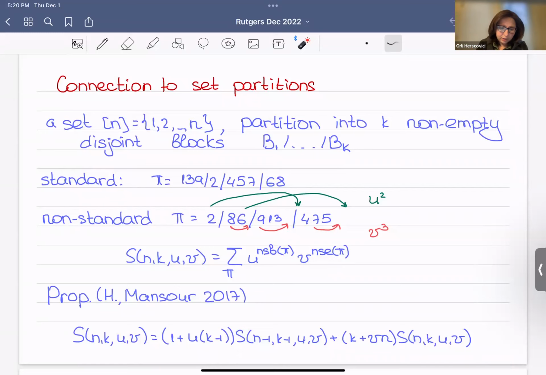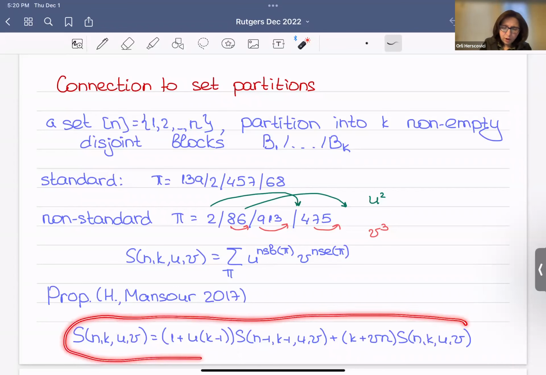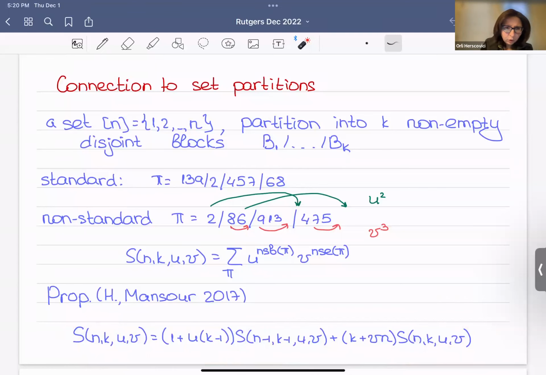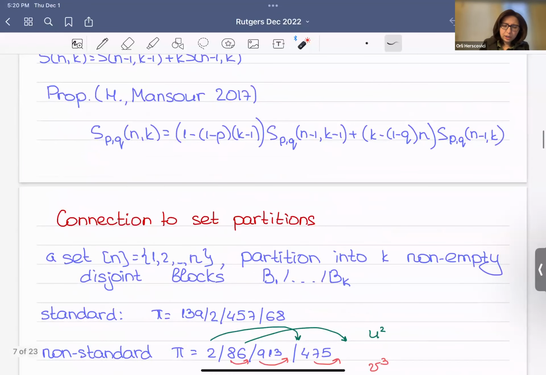And in the same way, working with Mansour in 2017, we proved that such functions satisfy these recurrence relations.